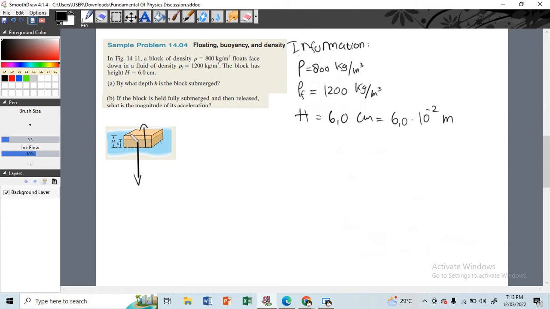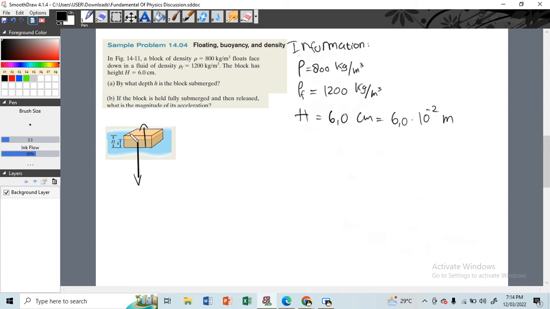If you see the figure shown in the question, it is the part of the block that is submerged in the water. So we need to determine its value using Archimedes' law.